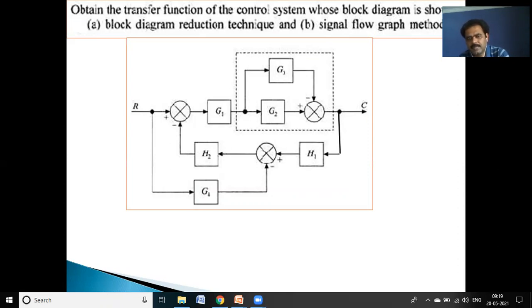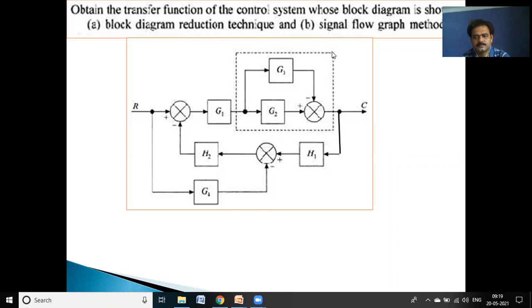In the previous classes, we calculated the transfer function for this block diagram. That's why I have selected this one. Using signal flow graph, again we have to obtain the same transfer function. So try to solve it at home.